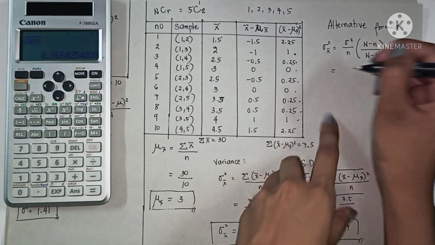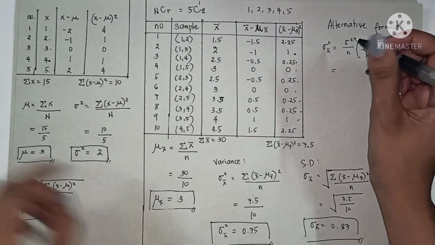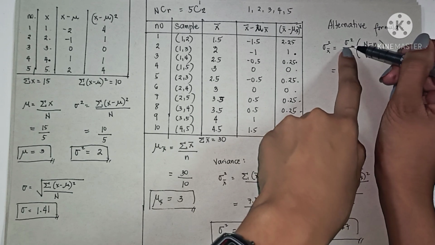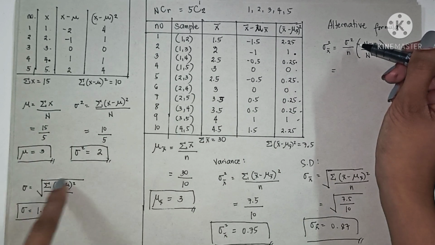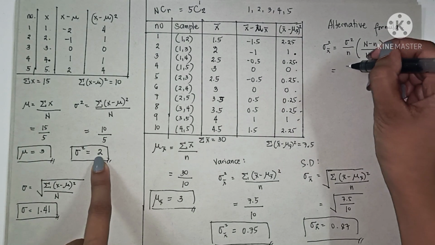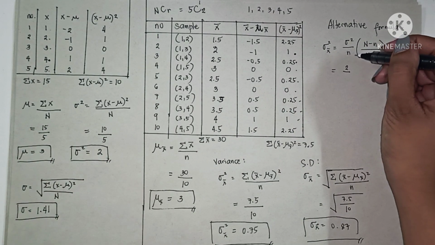Okay, so just substitute. Yung nakuha nating sigma squared kanina, again, sigma squared to ha, population variance. Population variance natin is 2 over yung sample size.